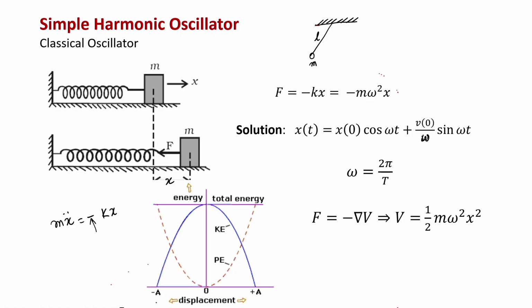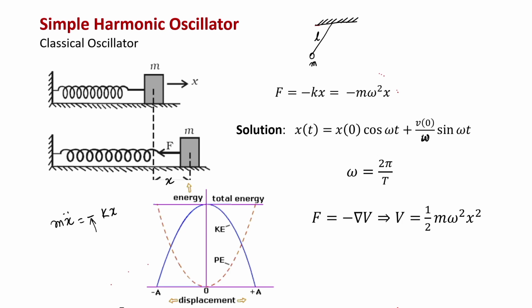While it does, we can calculate the kinetic energy. The kinetic energy will be maximum at displacement equal to 0, and then as it goes to the extreme, the amplitude of the displacement, that is the maximum displacement, the kinetic energy will go to 0, because the mass will stop momentarily.